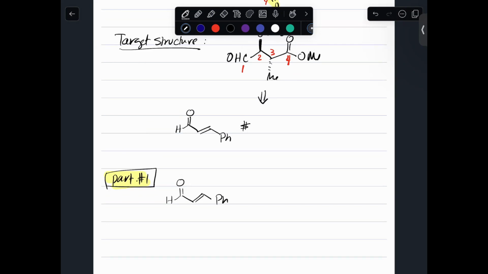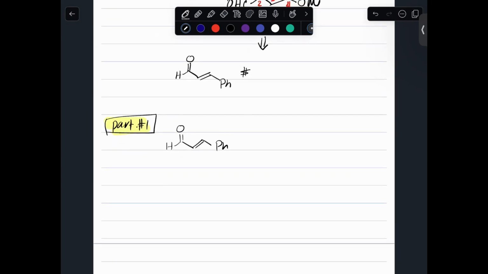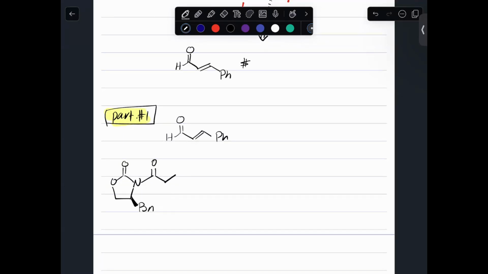And you introduce your Evans oxazolidinone. And the Evans oxazolidinone is as follows. Which is what we typically have used, which is really nice. We already know how to make this. And of course, our cinnamaldehyde.